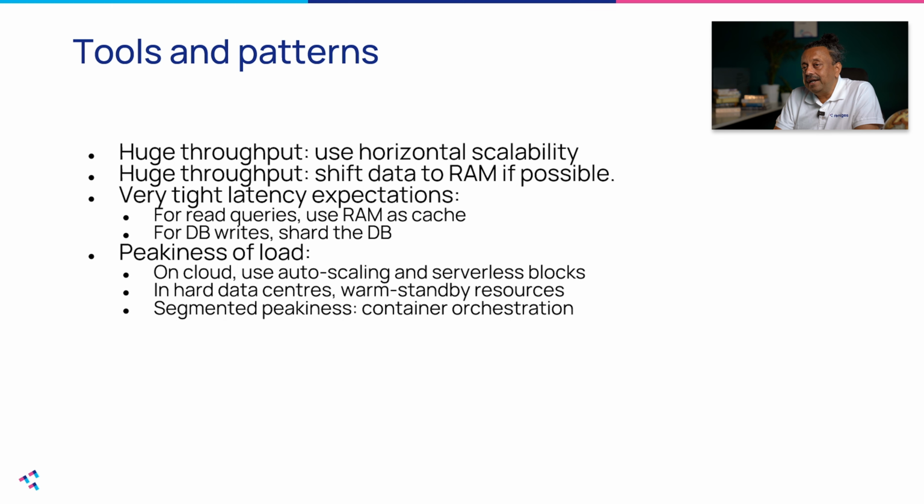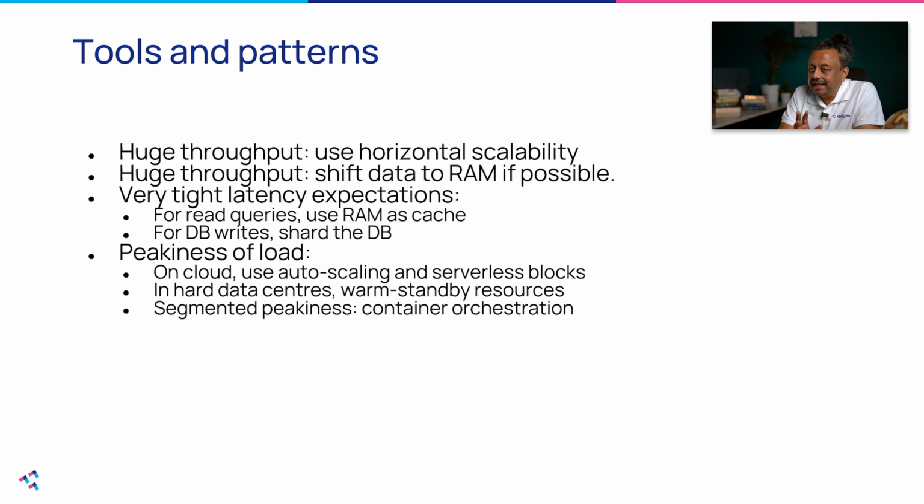There is one kind of peakiness where you might have different types of services or subsystems which don't all peak at the same time. So maybe during annual closing of your books of accounts, your financial accounting system exhibits peak load.